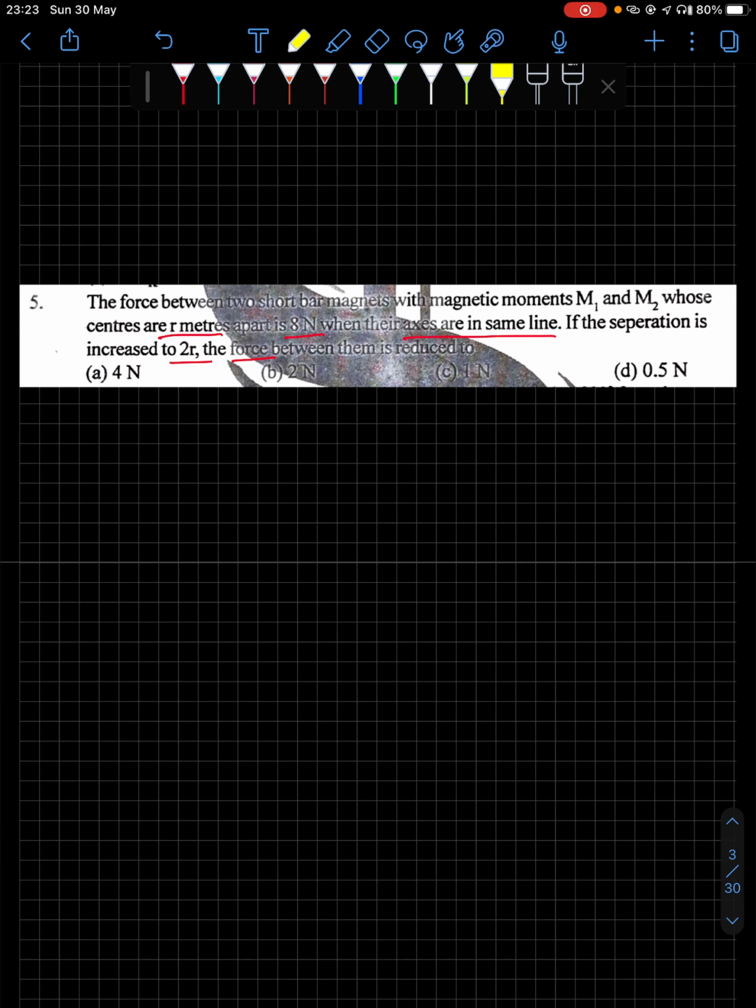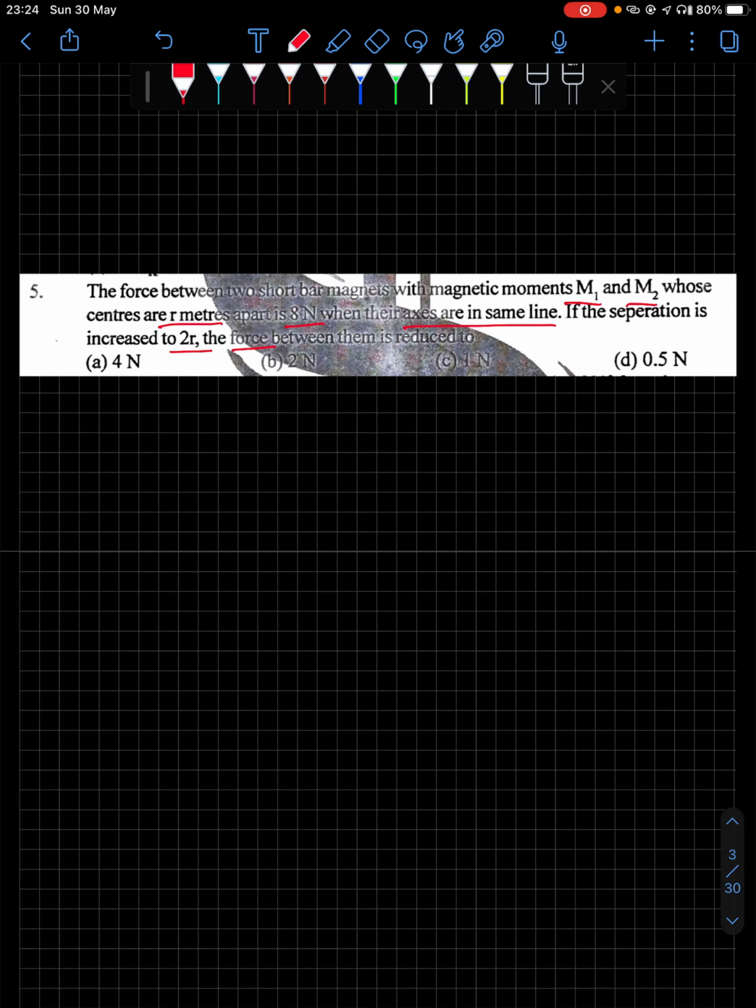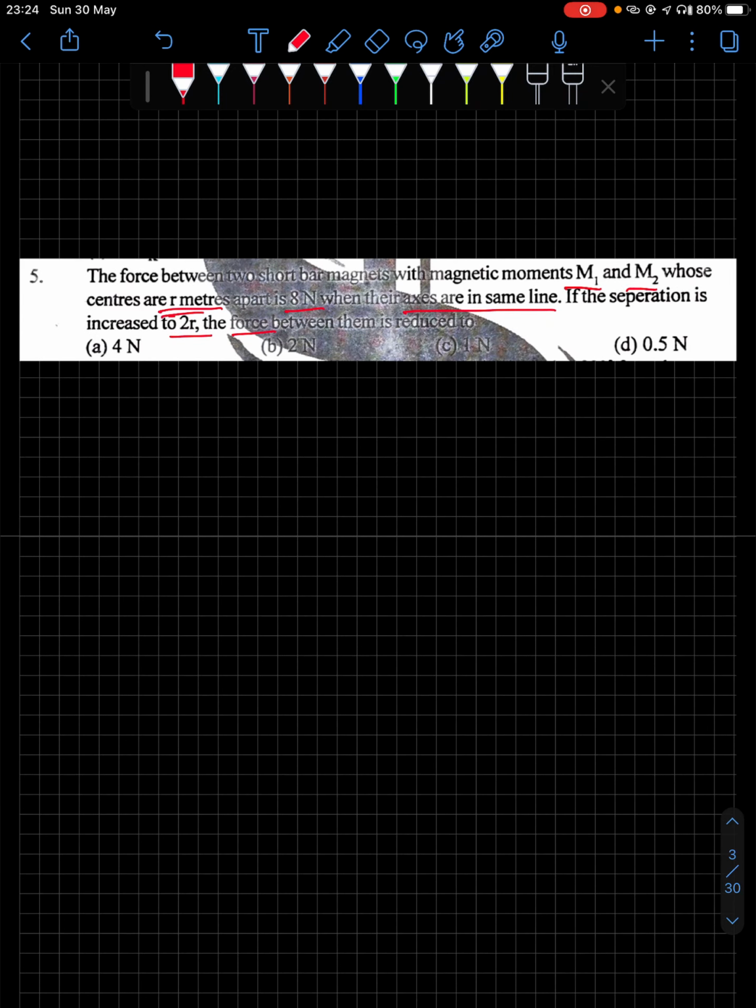Next, question number 5. You have two magnets with magnetic moments m1 and m2. Their centers are r meters apart, and the force acting between the two short bar magnets is 8 Newton.